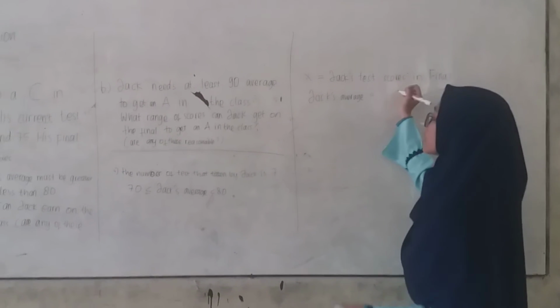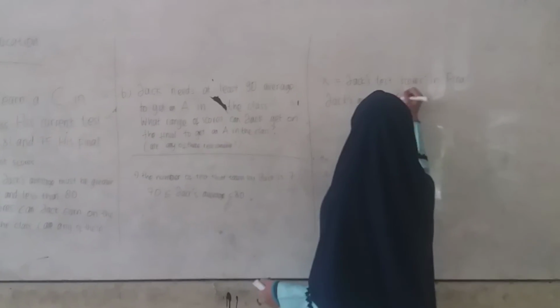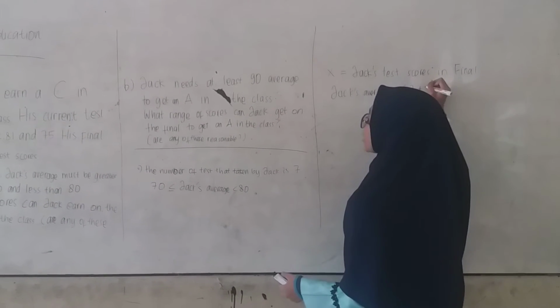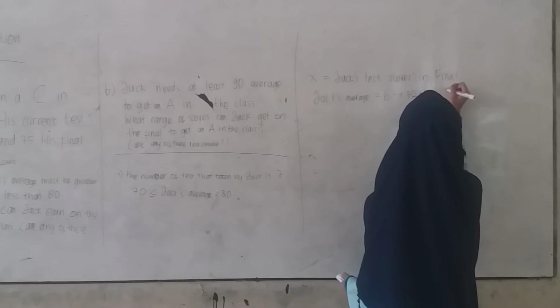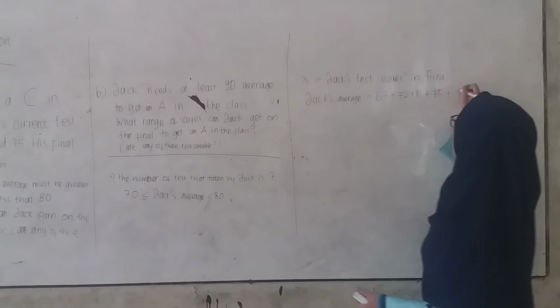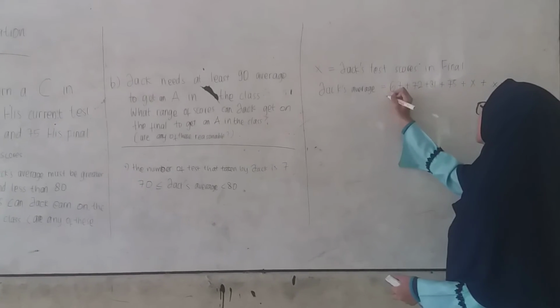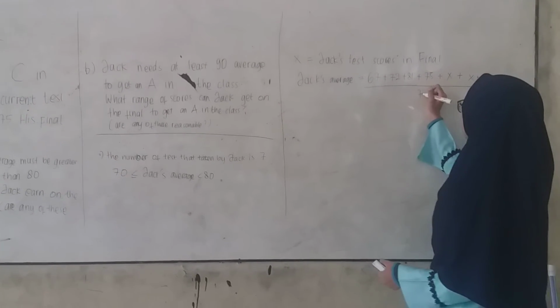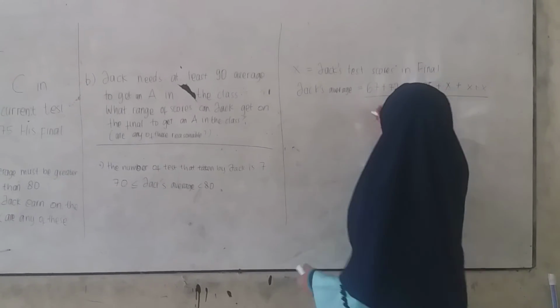This equals, we have to sum all of his test scores. So 67 is added to 72, is added to 81, is added to 75, is added to x, is added to x, and is added to x, and it's divided by 7. We can do the algebraic properties.